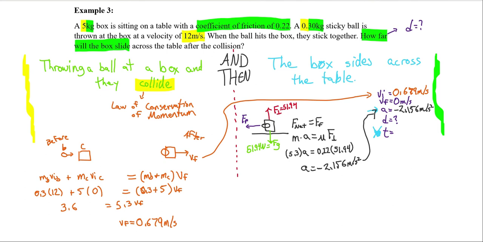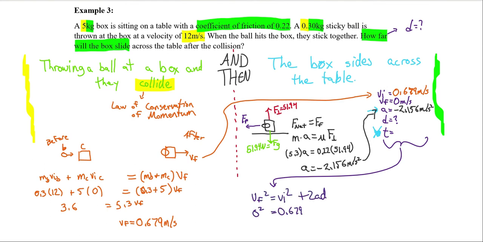Now I have three known variables. That is enough for me to solve using kinematics. I'm going to use all this information now to get my final solution. I'm going to use the formula Vf squared is equal to Vi squared plus 2 times a times d.